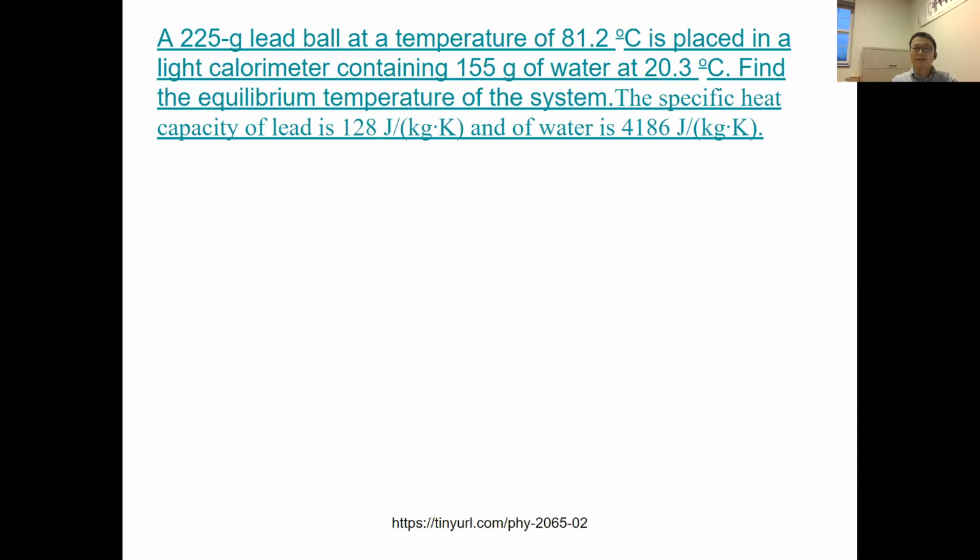It says find the equilibrium temperature this time, and it gives you the two specific heat capacities. So you can imagine now, instead of giving you the lead, if you are given an unknown material, then this specific heat capacity will not be given. So you can start with the initial temperatures of the two and then measure the final temperature, right? In that case, you can work around to find the specific heat capacity.